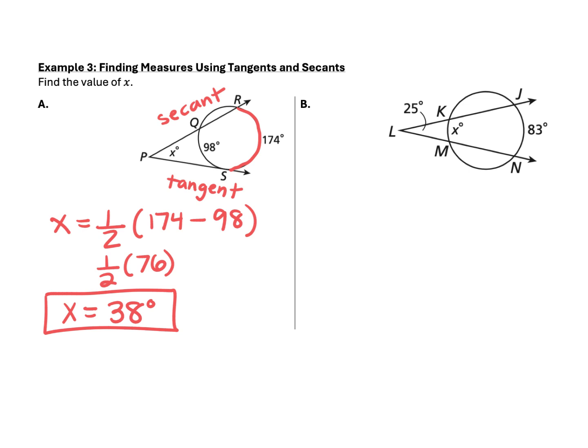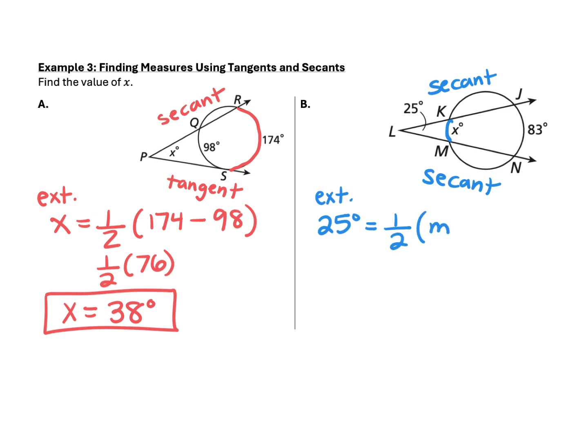The one next to it also has two secants that intersect outside of a circle, but this time notice that I am actually missing this arc right here. Setting it up, we have the exterior angle 25 degrees, right? That's my exterior angle, that's my outside angle, just like the x in this first picture was the exterior angle, the outside angle. 25 degrees is equal to 1/2 the difference of the measures of the arcs.